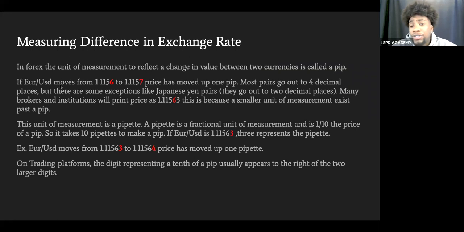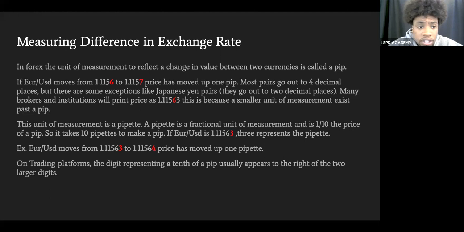So now it's time for us to get into pips and how we measure the difference in this. In Forex, the unit of measurement to reflect a change in value between two currencies is called a pip. If Euro USD moves from 1.156 to 1.157, prices just moved up 1 pip, right?